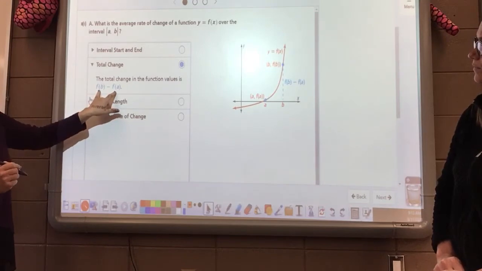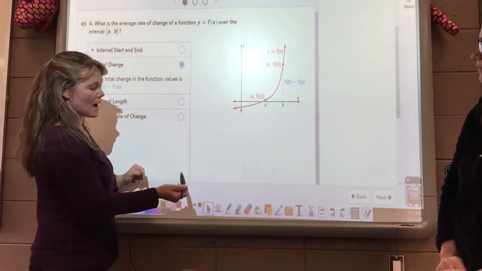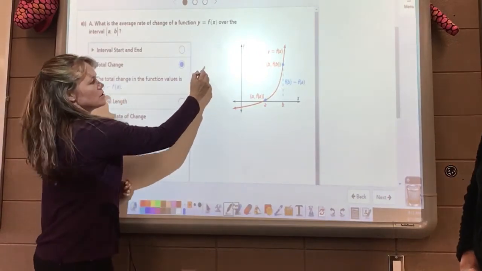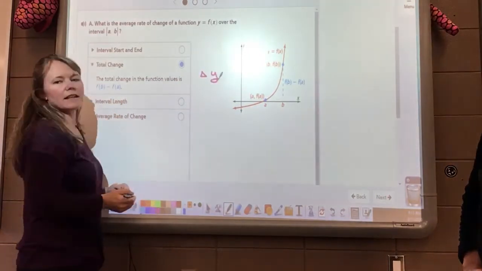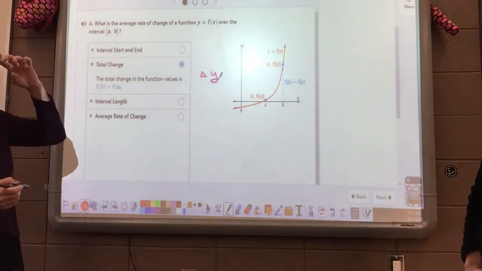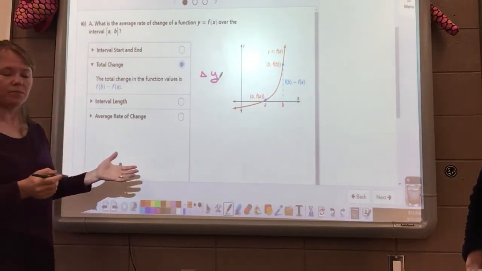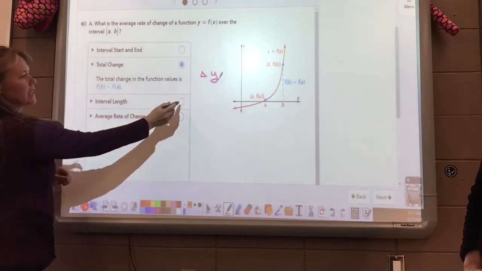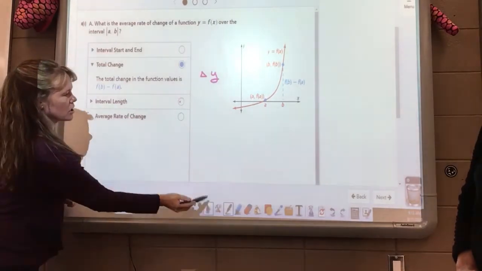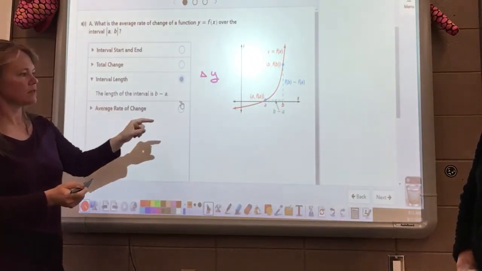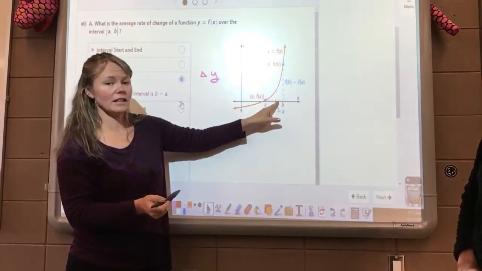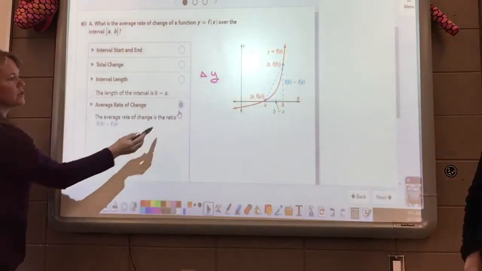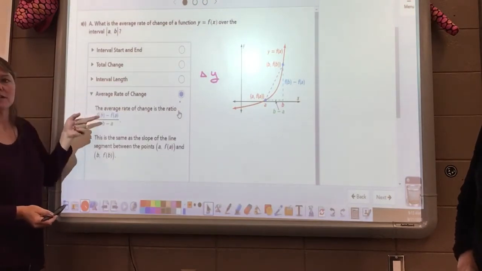And then this says total change, so you would be looking for the change in y. Sometimes we write it like a delta y, if you remember this from finding slope, that's what you do, change in y. Interval length is the change in x, so that's your run. Like rise over run, we're thinking about slope. Average rate of change then is rise over run.